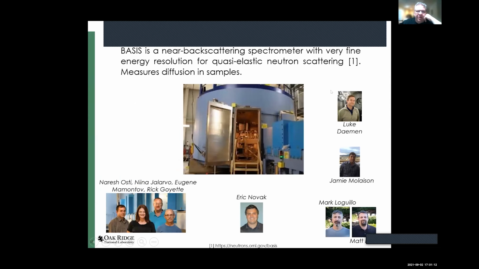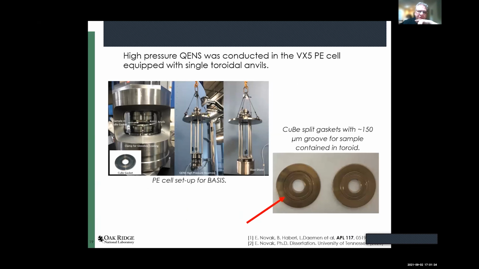This is my last example now. This is the BASIS quasi-elastic scattering instrument. So this is meant to study diffusion in samples, particularly hydrogen diffusion. And here we've adapted the Paris-Edinburgh cell to a suitable geometry for quasi-elastic measurements.